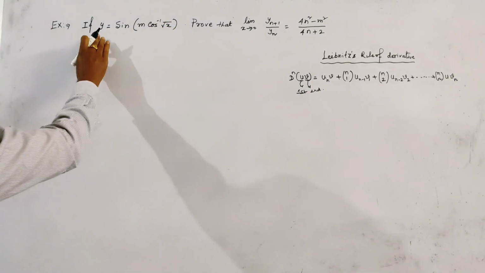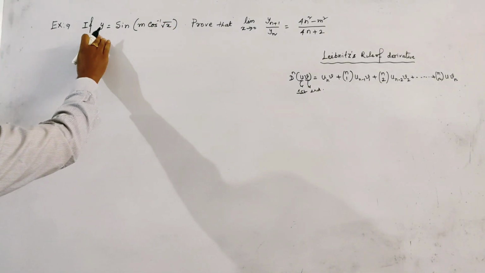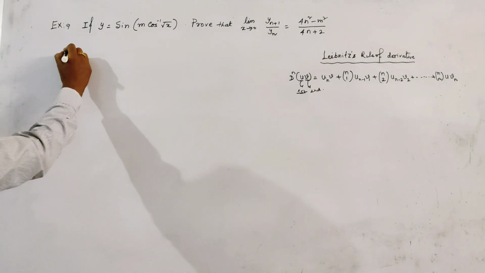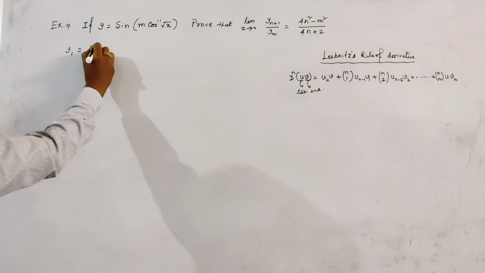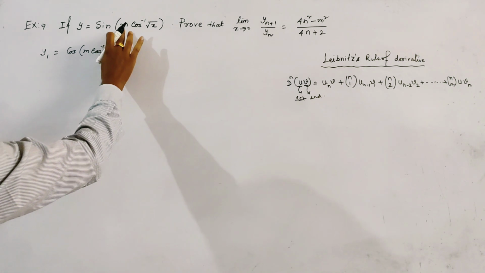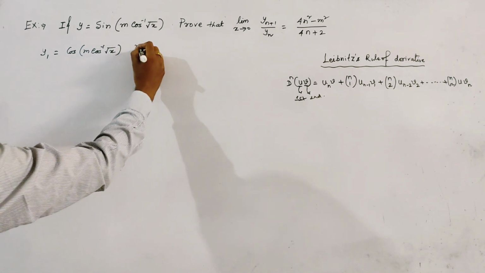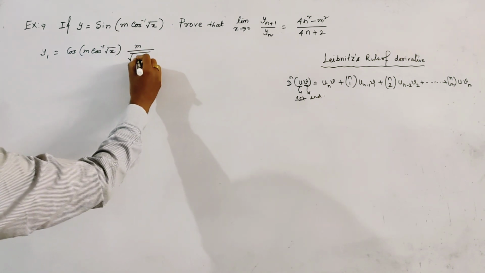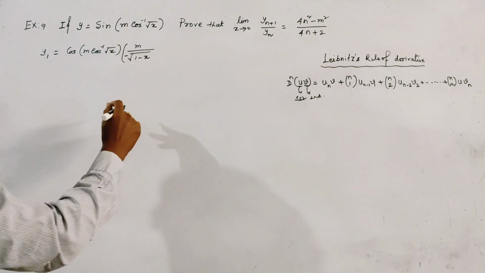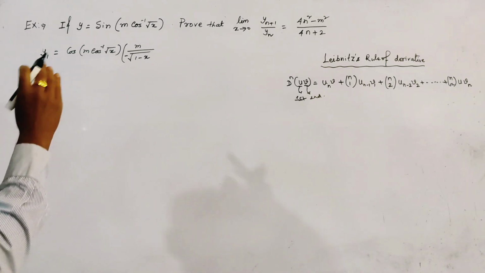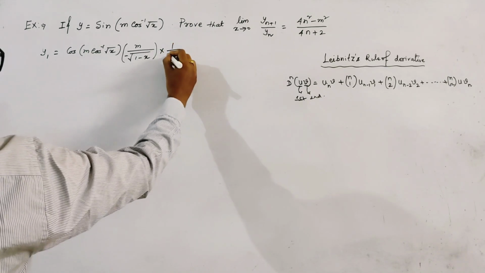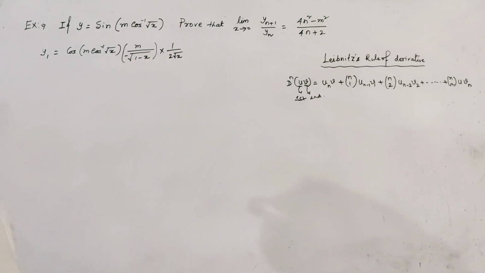Now we first differentiate y with respect to x and we get y1 = cos(m cos⁻¹ √x) times the derivative of m cos⁻¹ √x, which is m times minus 1 by root of 1 minus x, because the derivative of cos⁻¹ is minus 1 by root of 1 minus x², times the derivative of √x, 1 by 2√x.